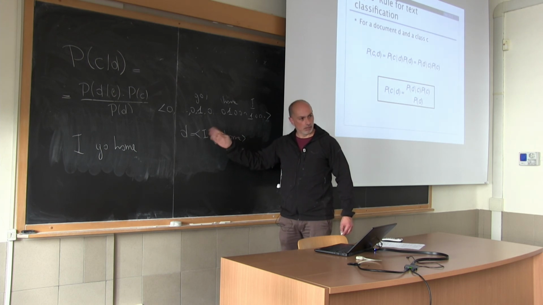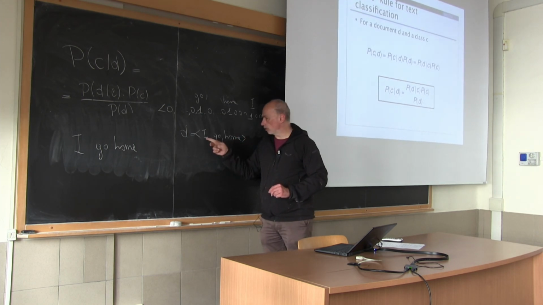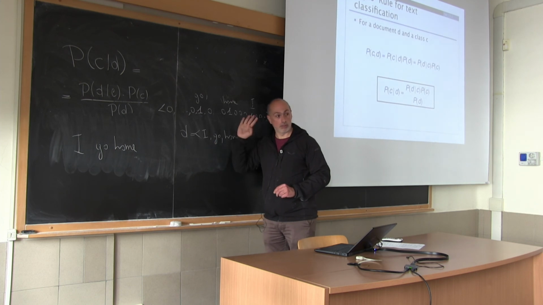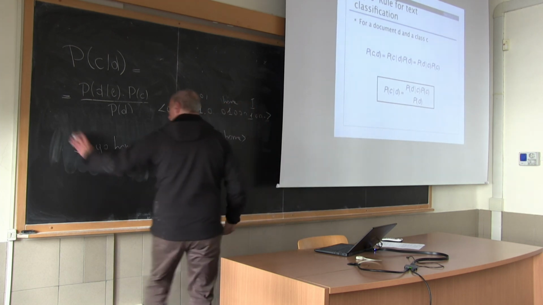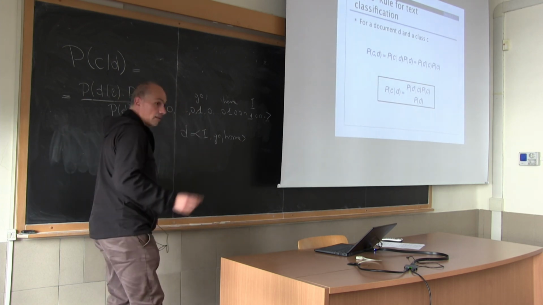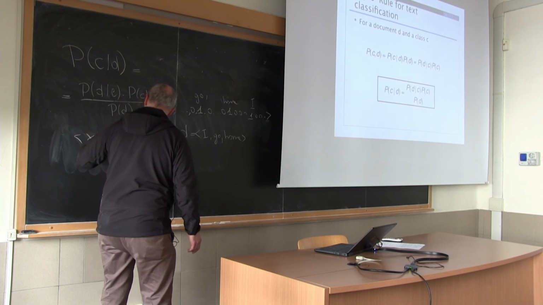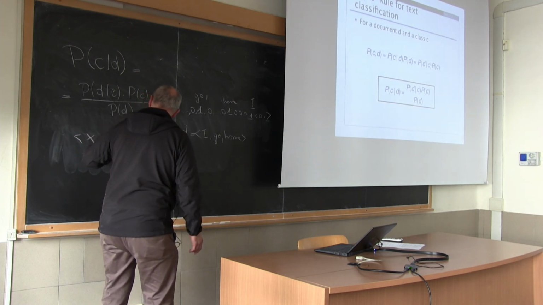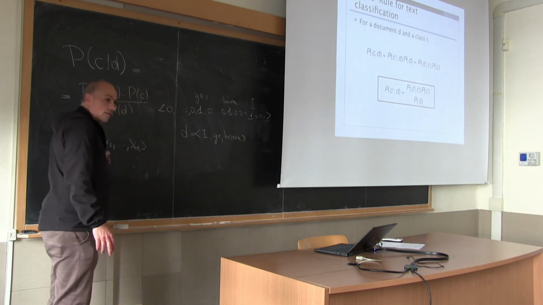So it is a variable length vector in which every entry identifies one term with its position. Okay, so if I have a document with n terms, the description will be a vector with n entries, and each entry is a term.